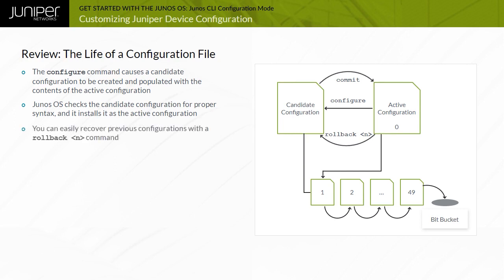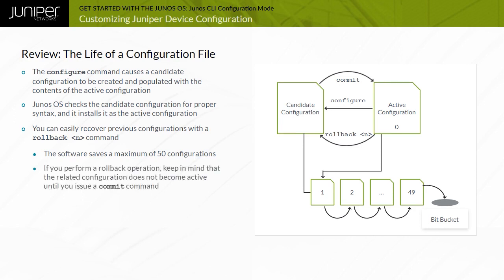You can easily recover previous configurations with a rollback N command. Junos OS maintains a configuration history by storing previously active configurations. The software saves a maximum of 50 configurations. This number includes the current active configuration, which is also known as rollback 0, and up to 49 previously active configurations.